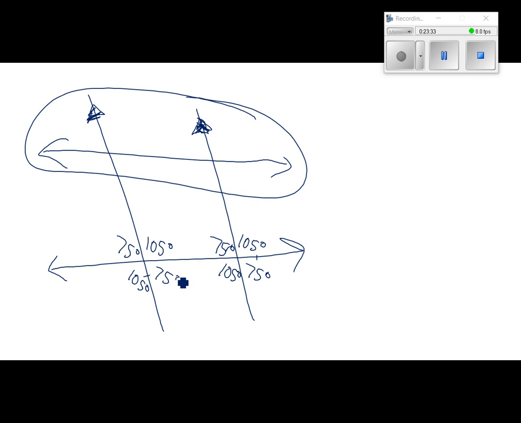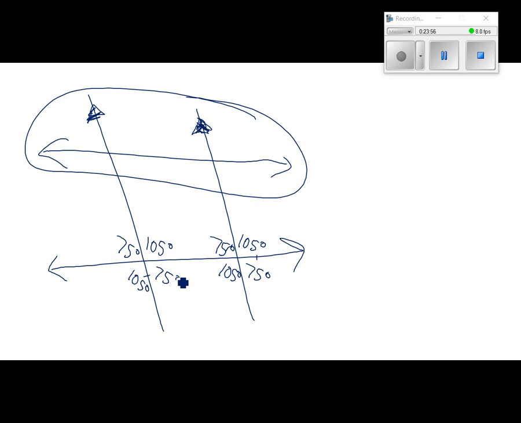Make sure you fill them in on the blanks, and make sure you fill them in correctly. So let's just run down through them real quick. What's measure of angle 2? 110. Angle 3? 70. Angle 4? 110. Angle 5? 75. Angle 6? 105. Angle 7? 75. Angle 8? 105. Angle 9? 70.